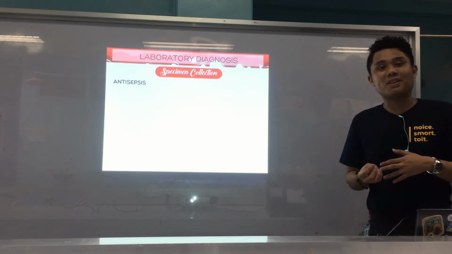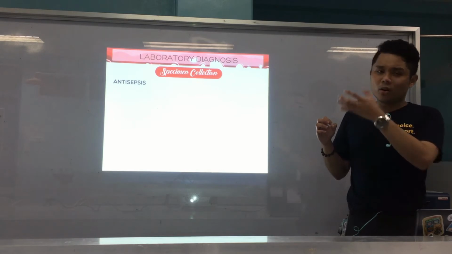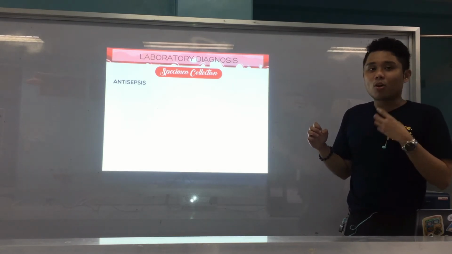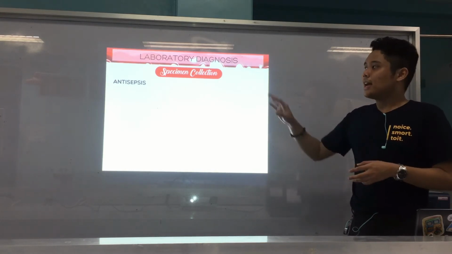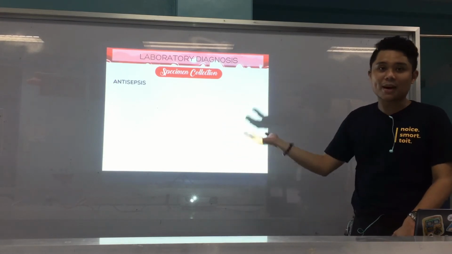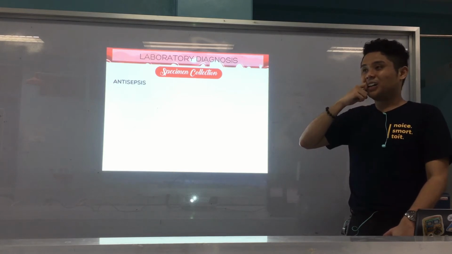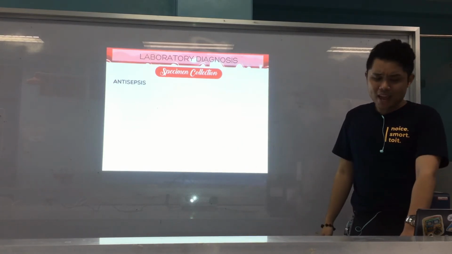So, as with all the other specimens we discussed in bacteriology, it's our ultimate goal that from the collection itself, they are free of contaminants, right? Blood is not an exemption. In fact, with blood we need even more to practice antisepsis and limit contamination, alright? And that's why we practice antisepsis.